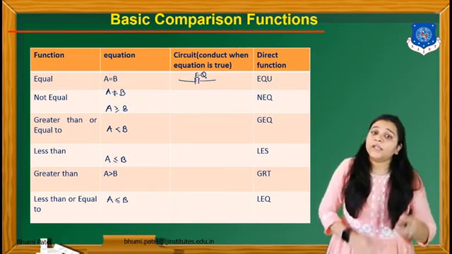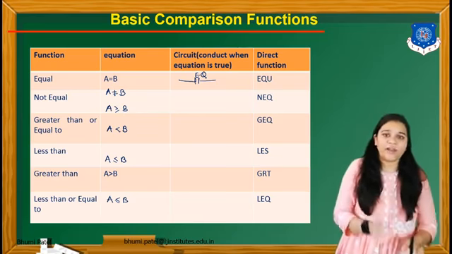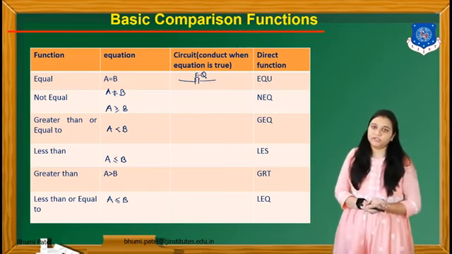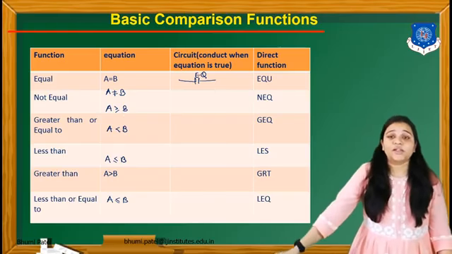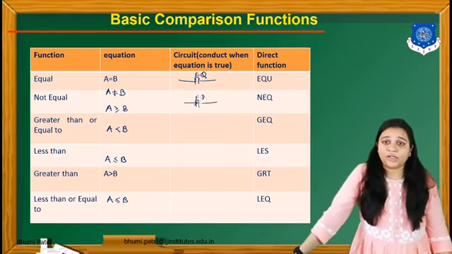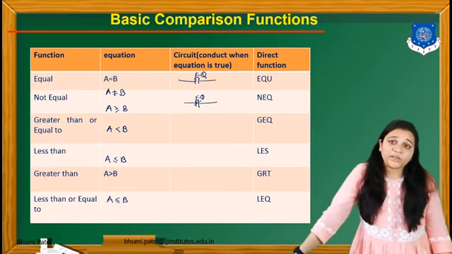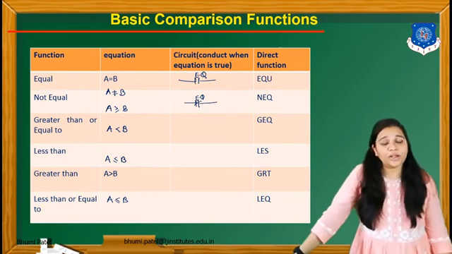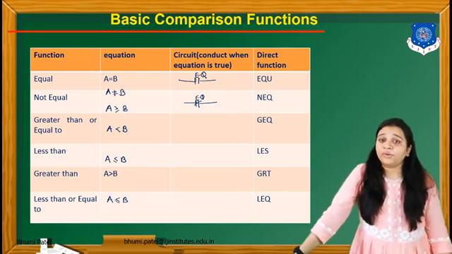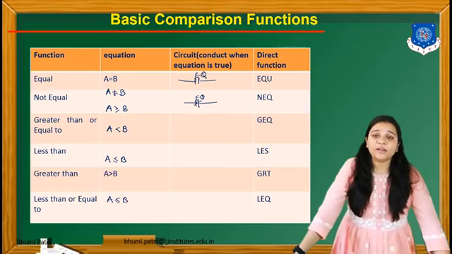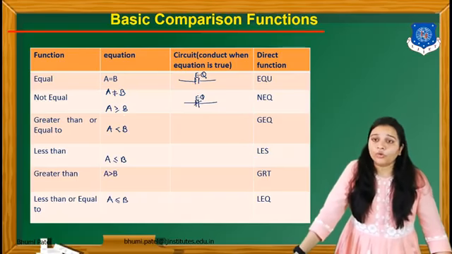Here EQ and EQU are both direct functions for equal numbers. Now what is the circuit for not equal to? If the numbers are not equal, we use the equal-to circuit connected in a normally closed contact.